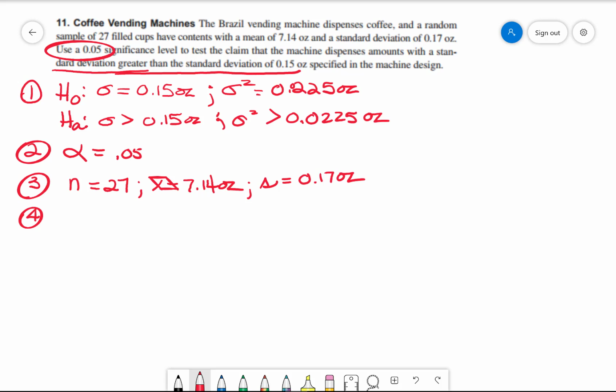Okay, and then step four, we're going to do our test. We're going to do a chi-squared test of standard deviations or of variance.